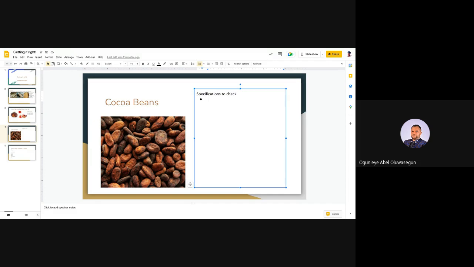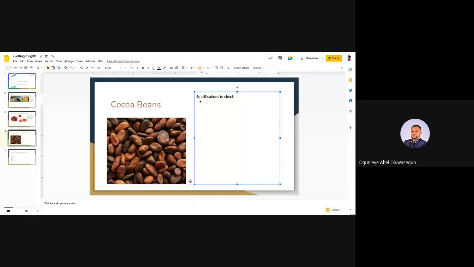The main problem we are facing now is that of quality assurance in Nigeria. That's why they are buying our cocoa at a low cost compared to what they are buying in other countries. What are we doing that we need to start correcting presently?